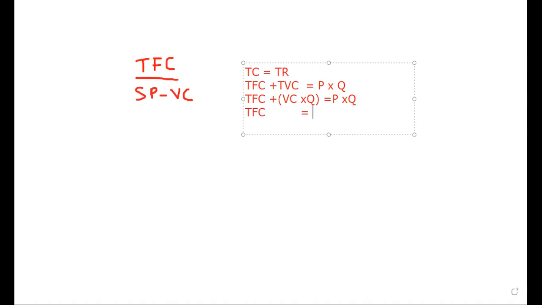Price into quantity stays on one side, and I send VC into Q to the other side as a negative, because it's positive VC into Q. Total fixed cost is still here. Now I take the common factor out of P into Q and VC into Q. The common factor is Q, so I take the Q out, and then this should be price minus variable cost.